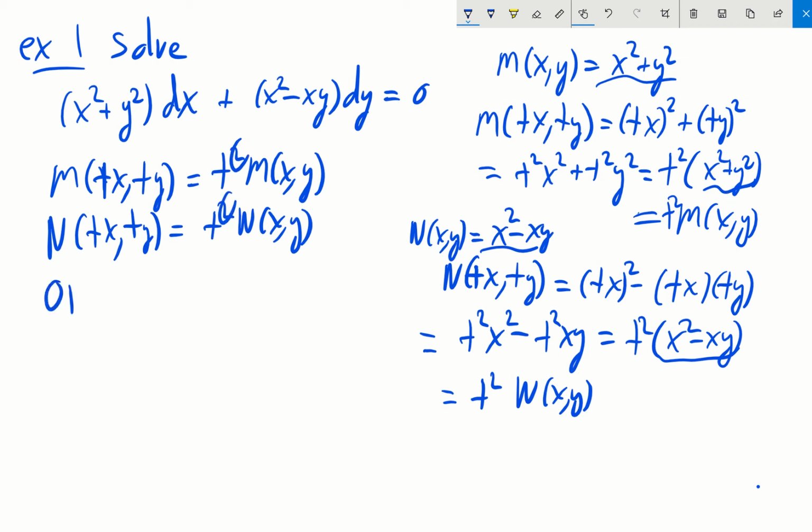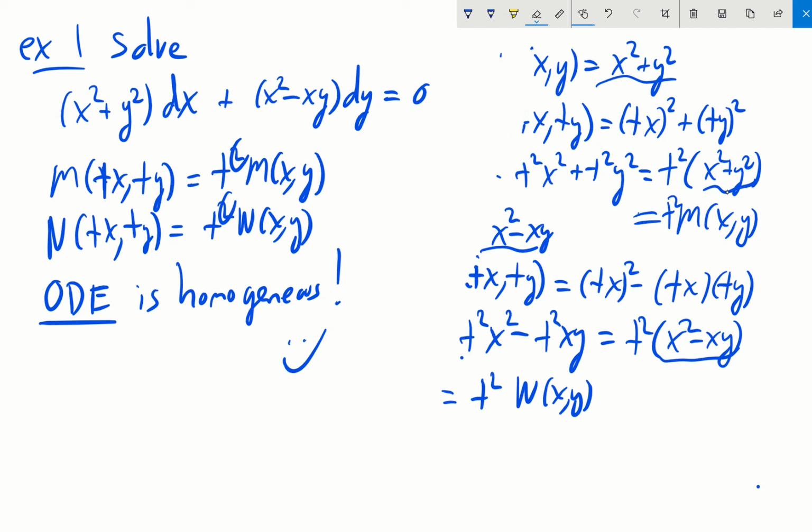Okay, so this shows us that our ODE is homogeneous. And the implication is that we can solve this. We're going to solve it using the substitution we showed in the last slide.